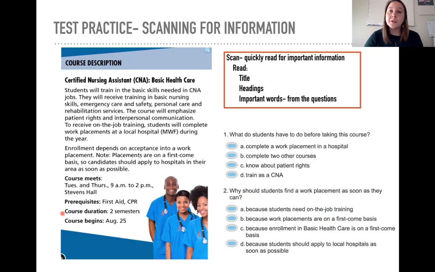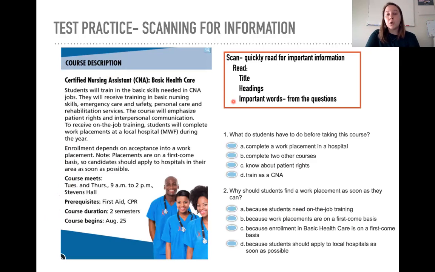Then we have course duration, or how long the course is. And then course begins, so the start date of the course. So those are our headings and our title, so we have an idea of what the reading is about.